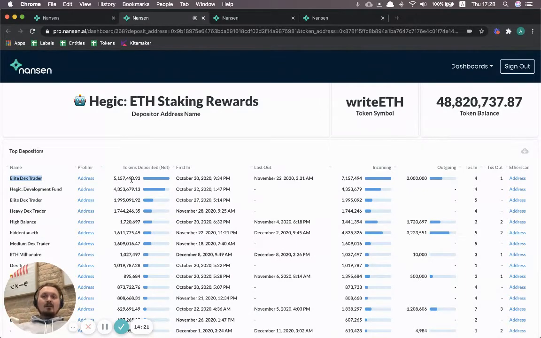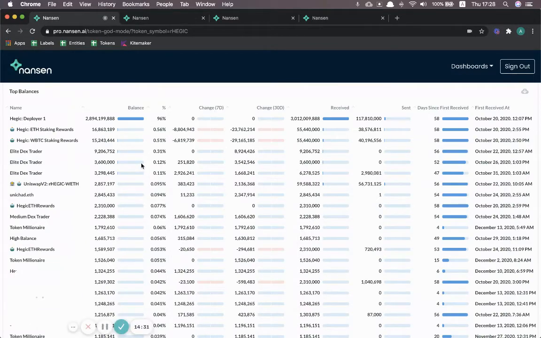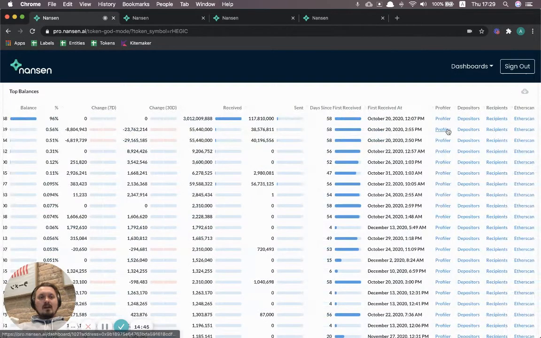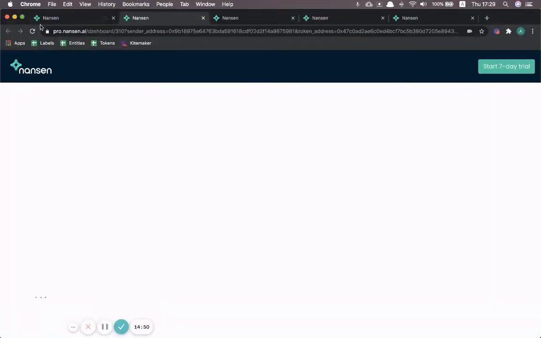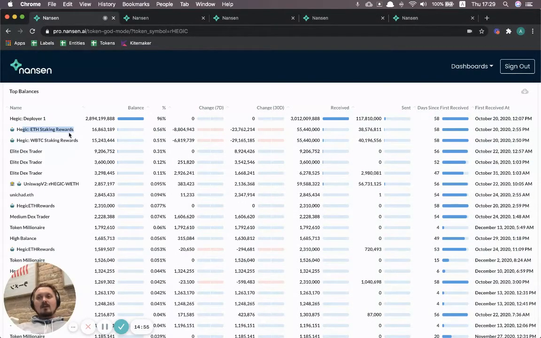This is the net amount of tokens that each of these addresses have sitting in the staking contract at this point in time. But we also want to look at past stakers that have claimed tokens and now have headed out. They're no longer staking. Well, then we could look at rHEGIC tokens being received from the staking contract, right? So you can go over here, and instead of clicking depositors, we can now click recipients. So that's to indicate who has been receiving rHEGIC tokens from this address.